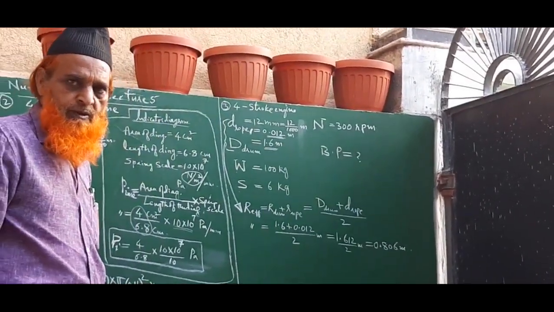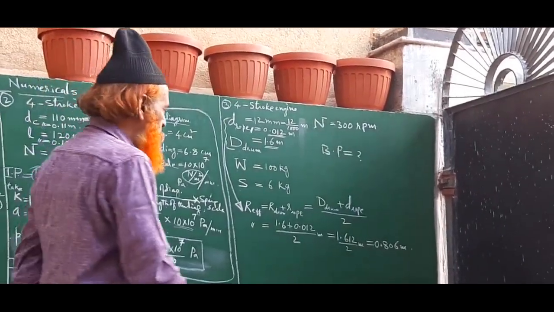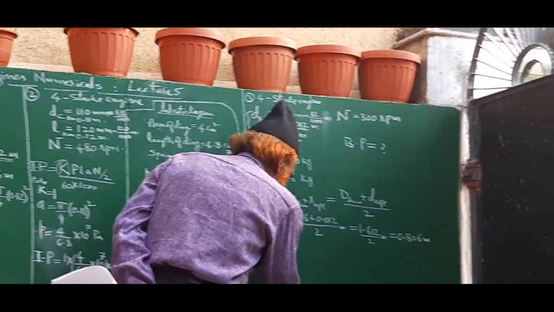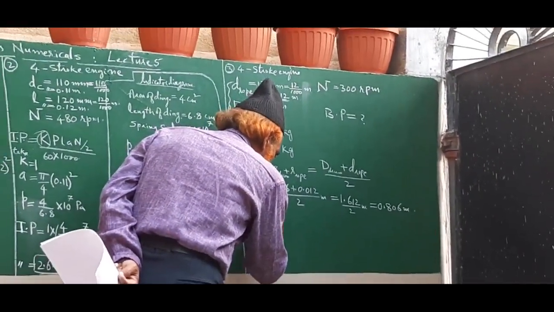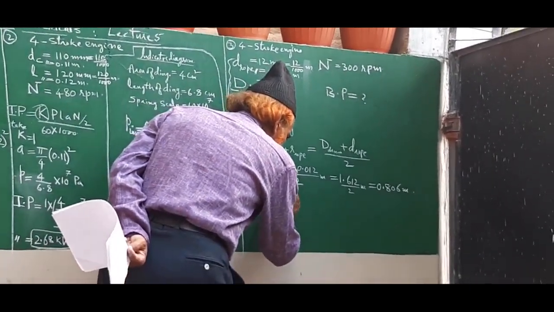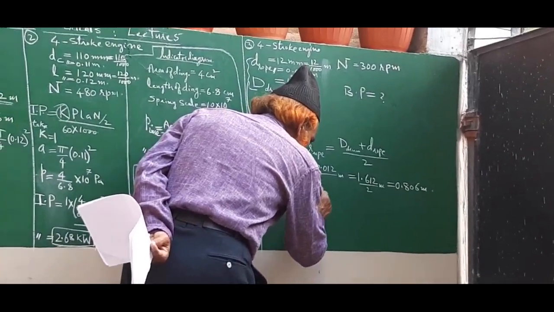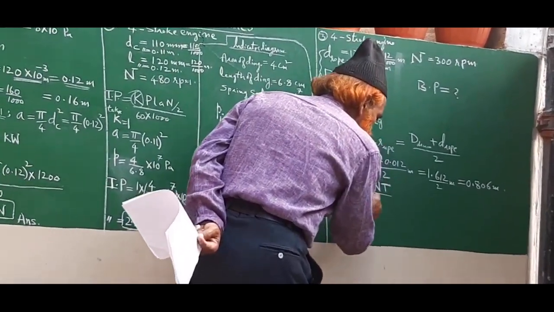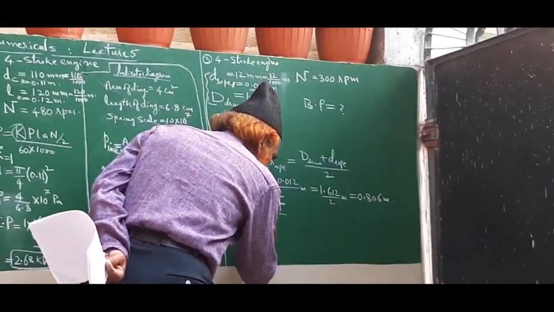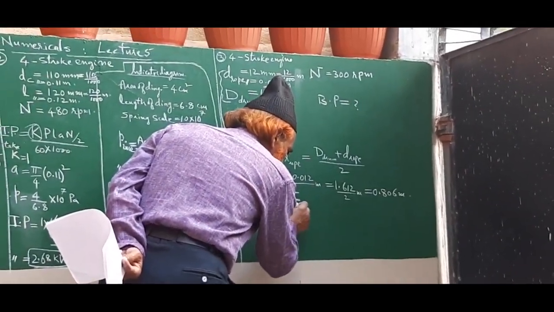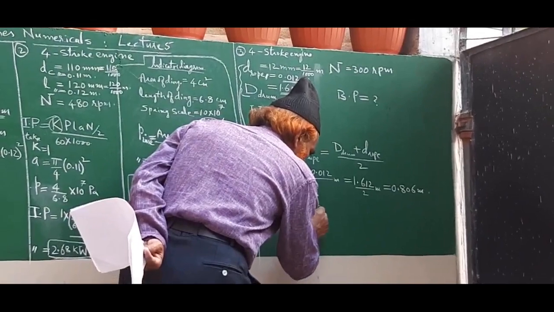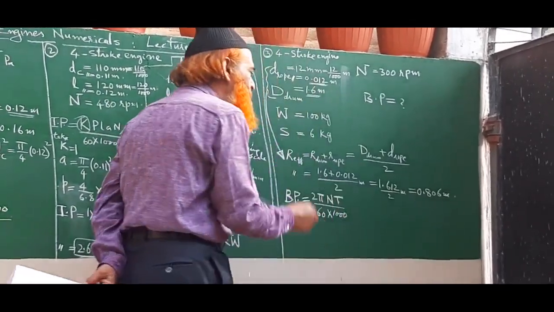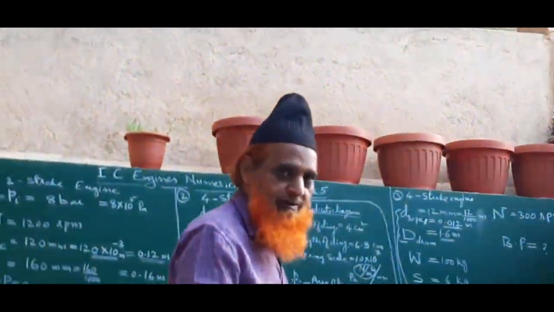What is the brake power formula? The brake power is given by 2 pi N T divided by 60, and if T is in Newton meter, divided by 1000. If we find the torque separately, well and good.